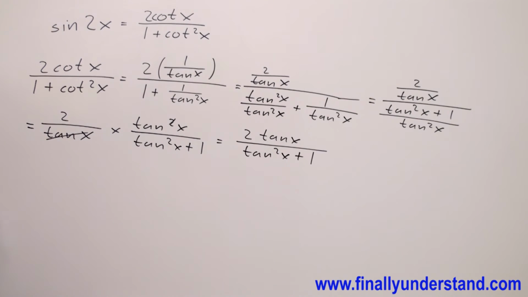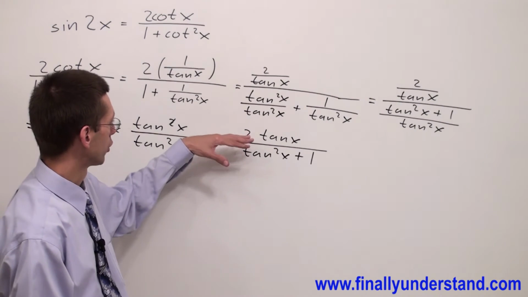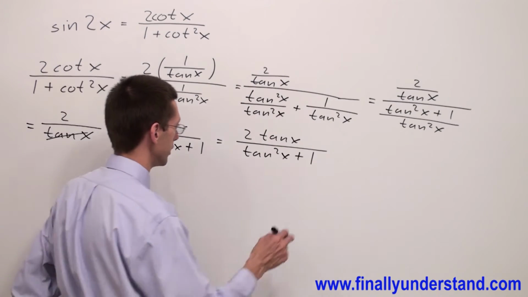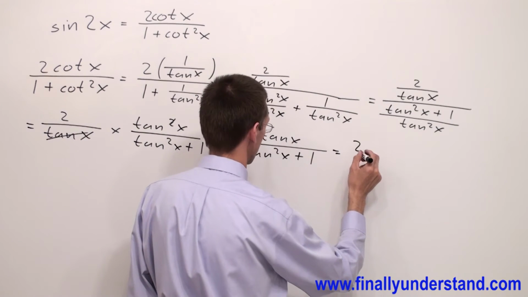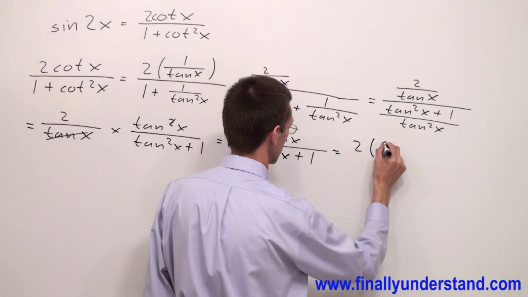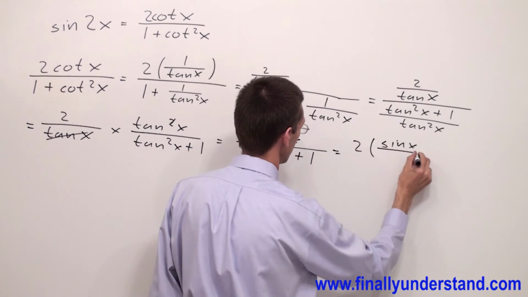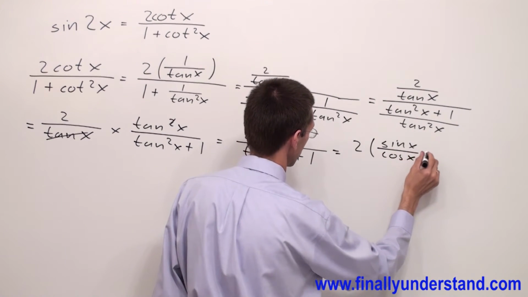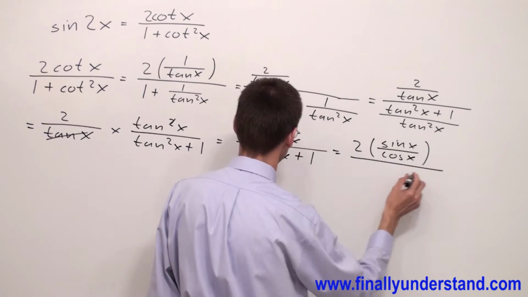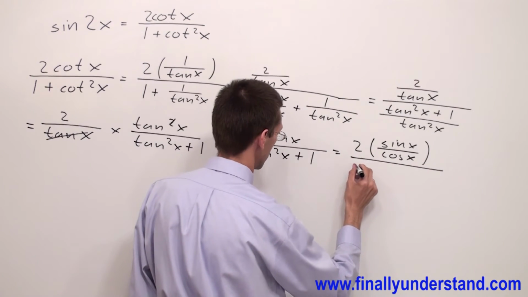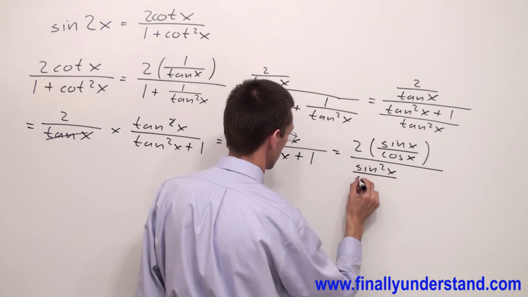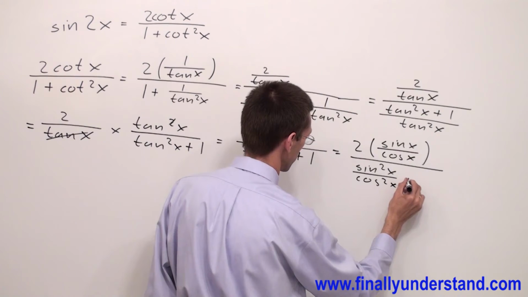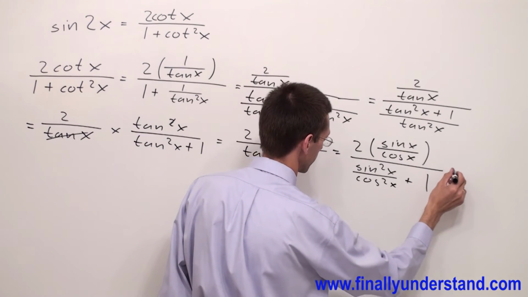We're supposed to, this time, use the quotient relations, and we can do simply something like this. 2 times sine of x over cosine of x over sine square x over cosine square x plus 1.